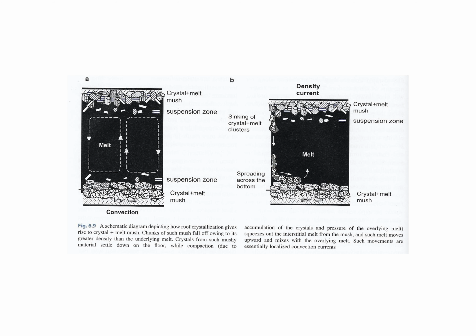A schematic diagram depicting how roof crystallization gives rise to crystal melt mush. Chunks of such a mush fall off owing to its greater density than the underlying melt.